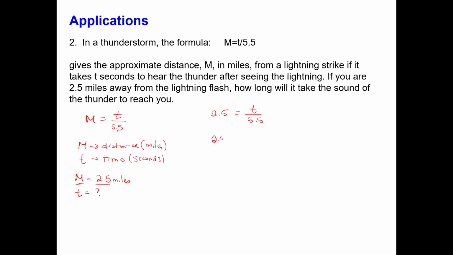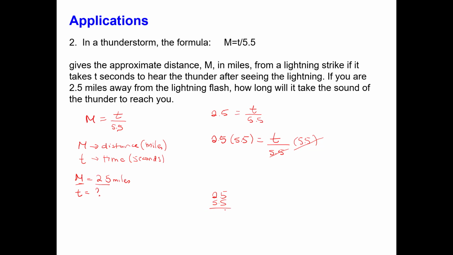Then 2.5 times 5.5 equals 5.5 times t. We multiply by 5.5 on both sides, and this cancels out. Then 2.5 times 5.5 equals t. Then we need to multiply 2.5 times 5.5.